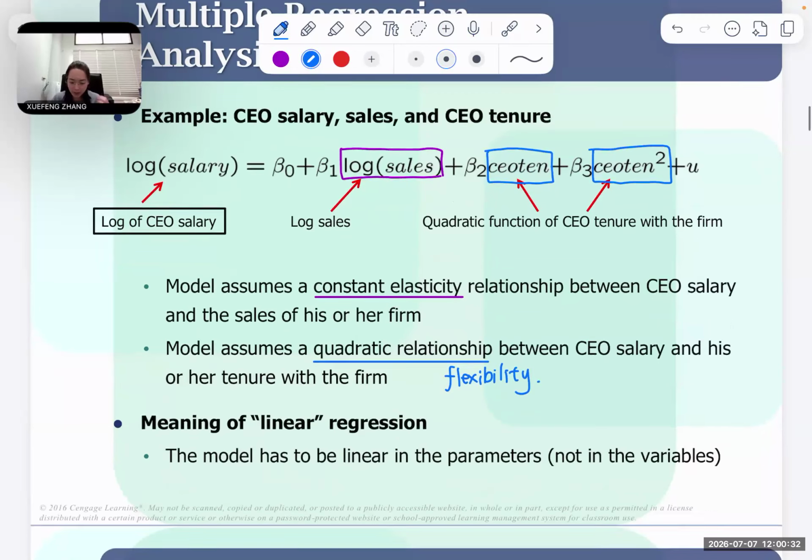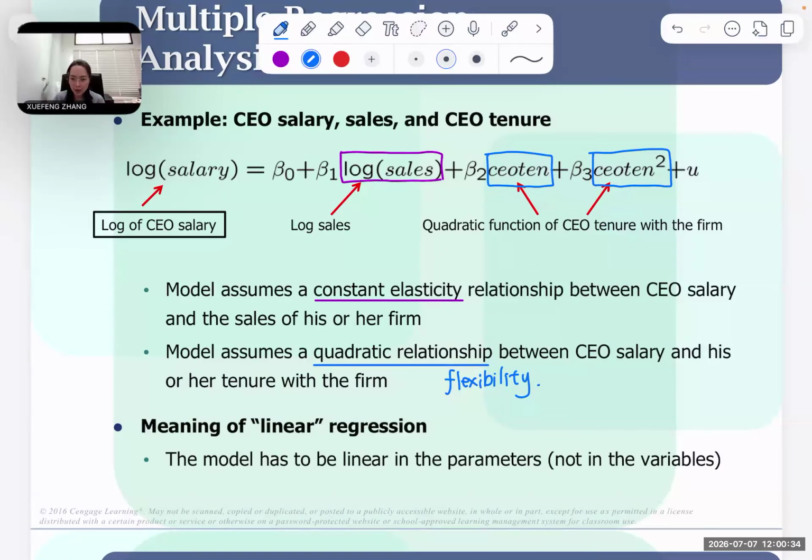Now, the big takeaway at the bottom. Linear regression doesn't mean the variables are linear. Look at this model. We have logs, squares, all sorts of nonlinear looking terms in X. That's totally fine.